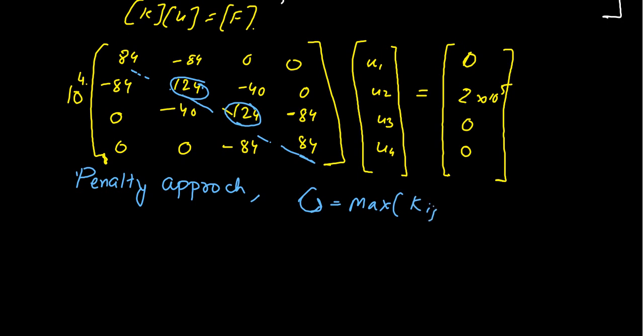After that we modify the rows, row 1 and also row 4, because node 1 is fixed and node 4 is also fixed. To maintain the equilibrium of the problem, we have to add the maximum stiffness in equation 1 and also in equation 4, here and here.